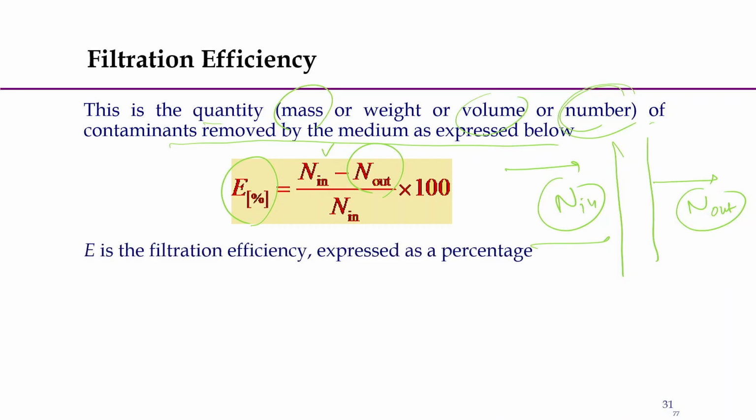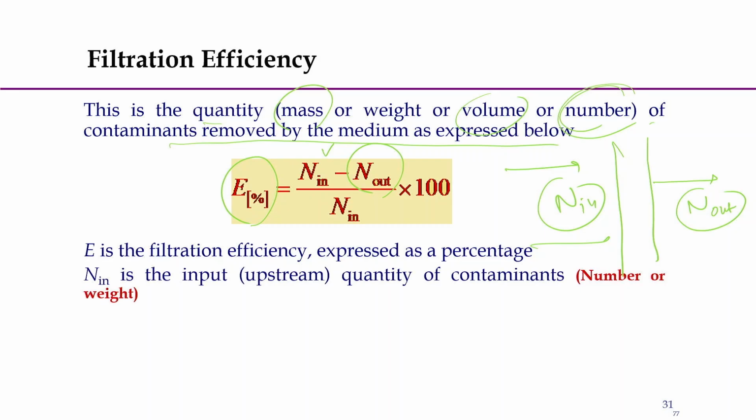So, efficiency is a percentage, where N in is the input, the upstream quantity of contaminants. Like if 100 particles are coming in and 10 particles are going out, the filtration efficiency will be 100 minus 10 by 100, so 90%.